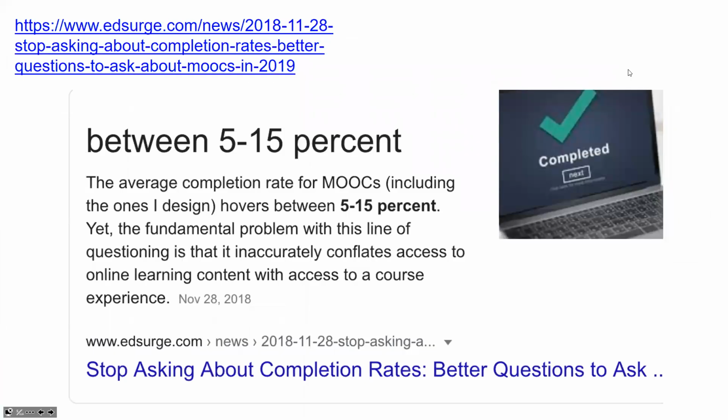Well, it is not a new fact. Since the beginning of massive open online courses, it's been measured again and again that the completion rate for online courses is much lower than the completion rate for on-site courses.